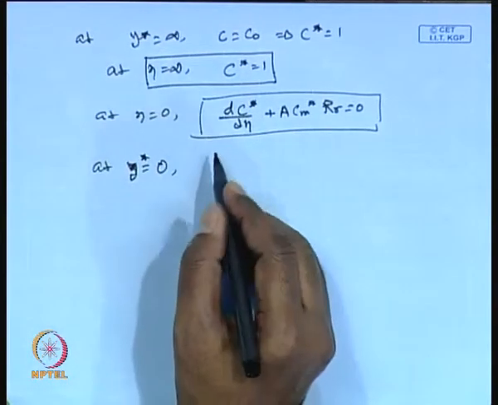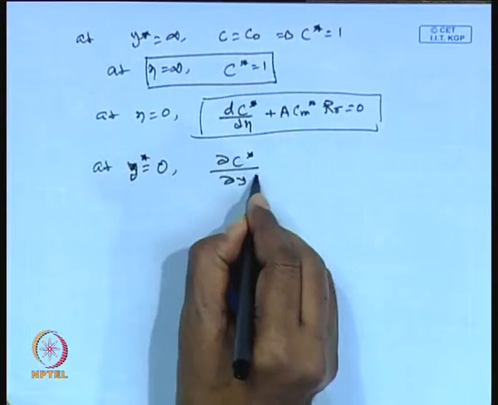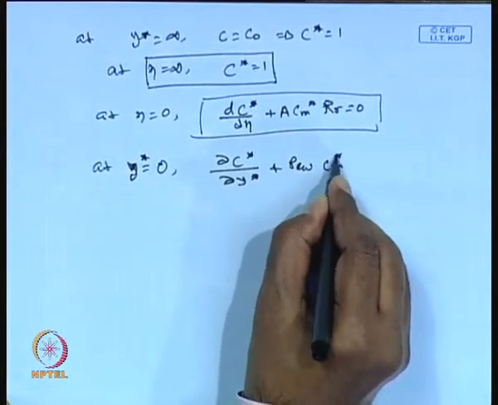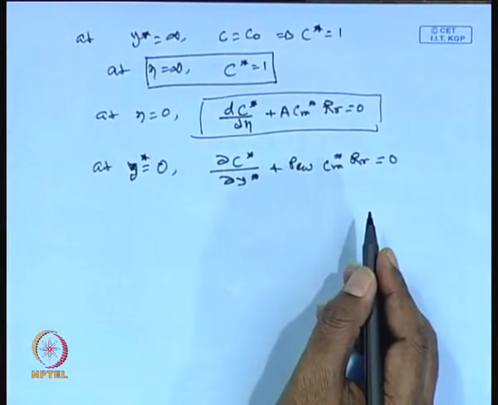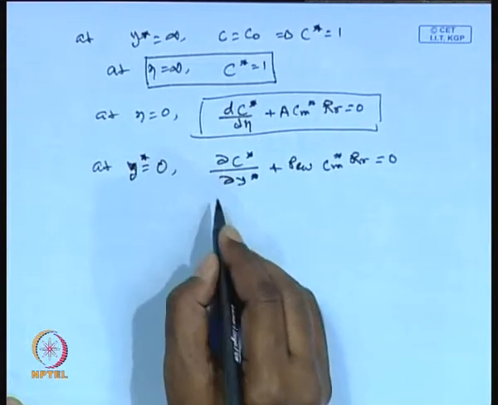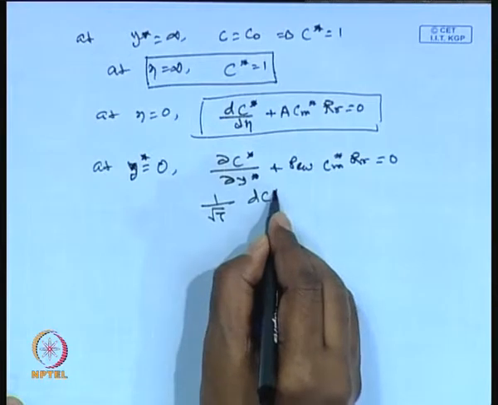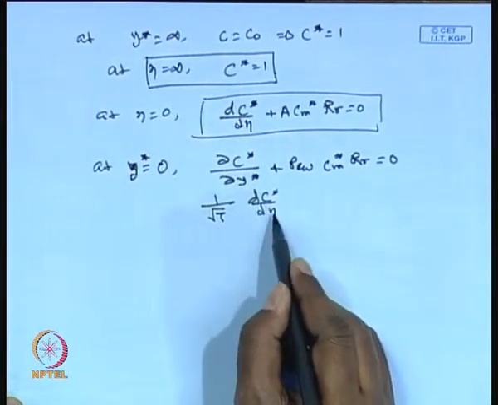At y star equal to 0, the original boundary condition was del c star del y star plus p w c m star r r equal to 0. Now, if we express del c star del y star in terms of eta, we have already derived that it can be written as 1 over root over tau d c star d eta.